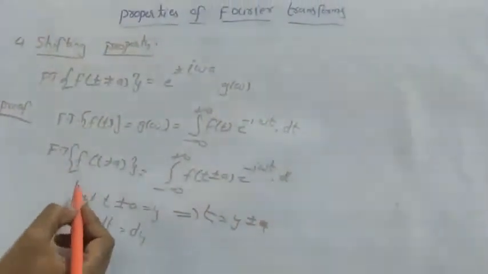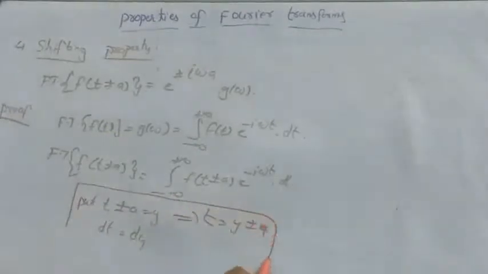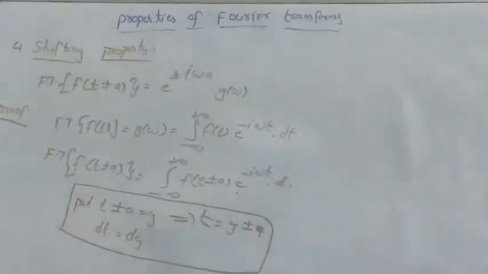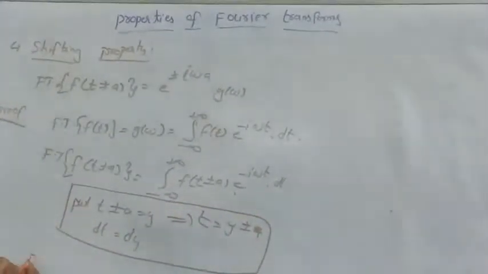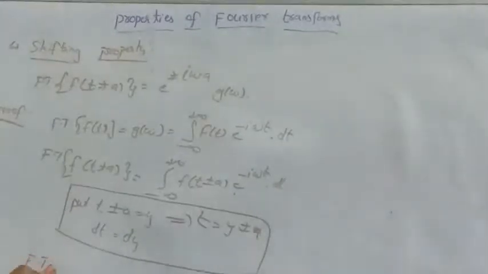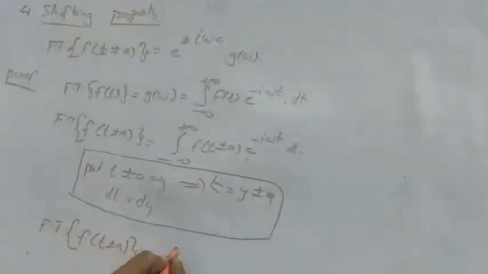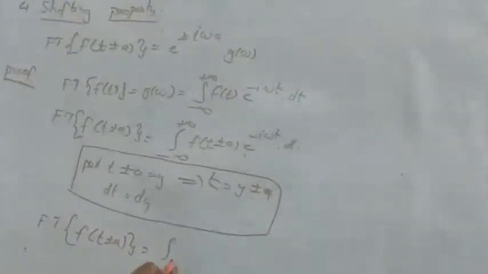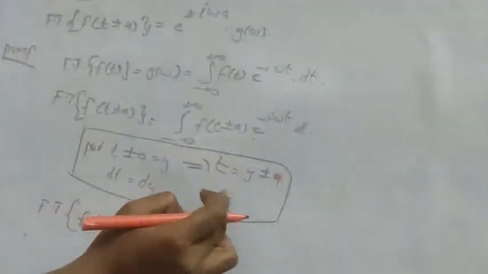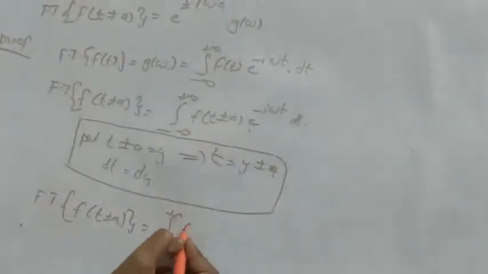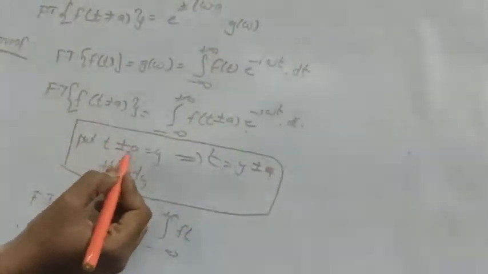Now, we are going to substitute these parameters in the above equation. Now, what you will get? The Fourier transform of f of t plus or minus a is equal to integral minus infinity to plus infinity. Now, we are going to bring the changes by substituting those values here. So, f of, what is t plus or minus a?